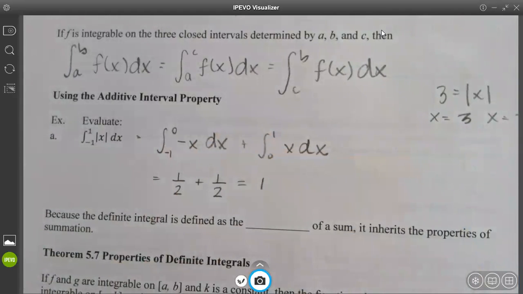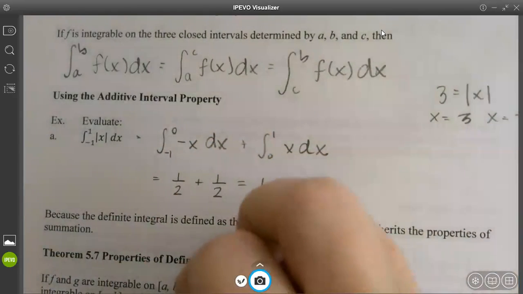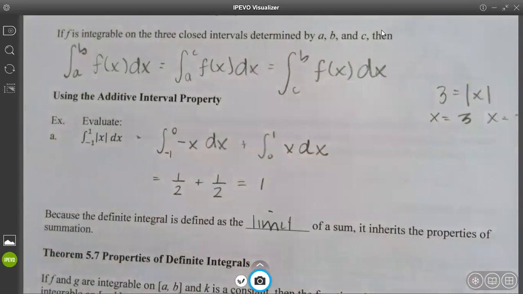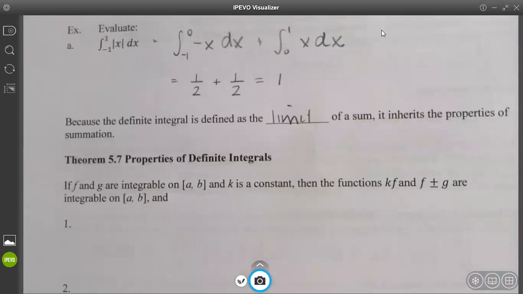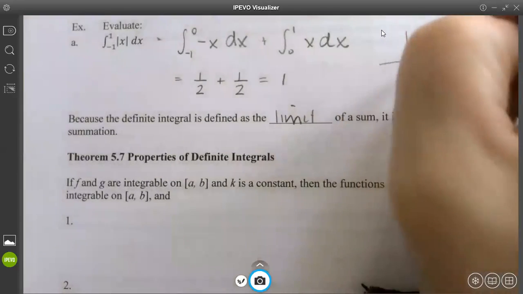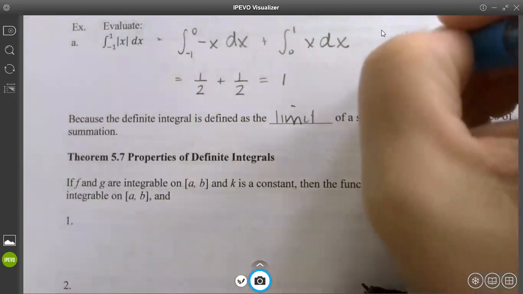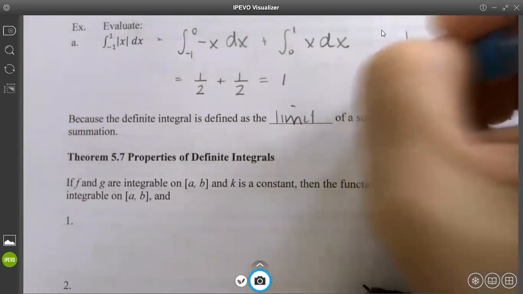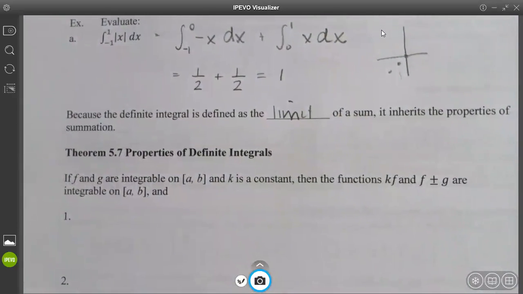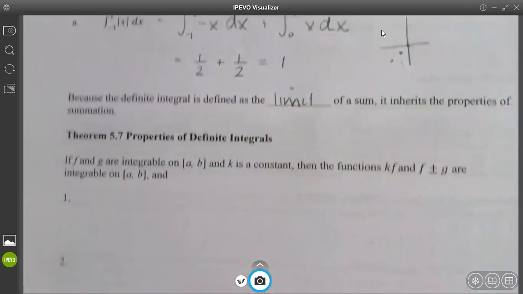Because the definite integral is defined as the limit of a sum, it inherits the properties of summation. And again, where did I get the 1/2 and the 1/2? That would be me drawing. We start at 0, we go down 1 over 1, down 1 over 1, and then you're making that shape. Okay, and finding the area of that shape. But to save you some time, I just went ahead and put that area.